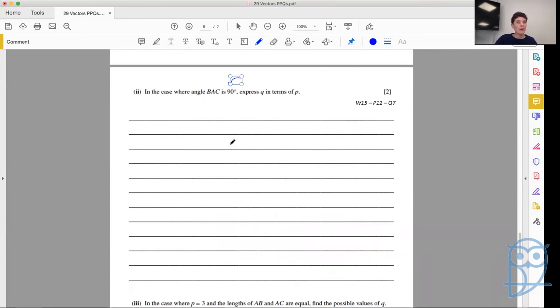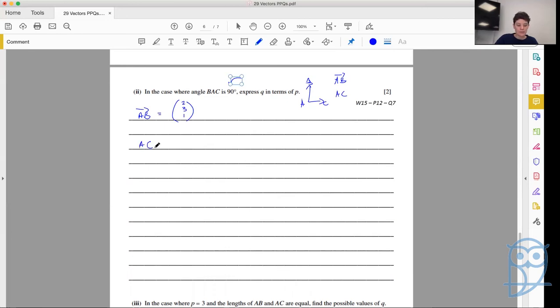90 degrees, perpendicular. So we would need, for our angle BAC, AB and AC. AB we already have. Wonderful stuff. AB equals 2, 3, 1.